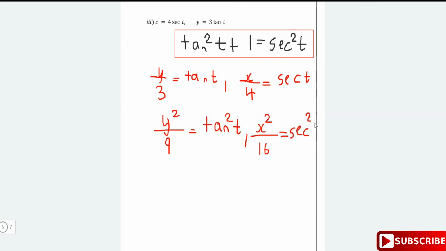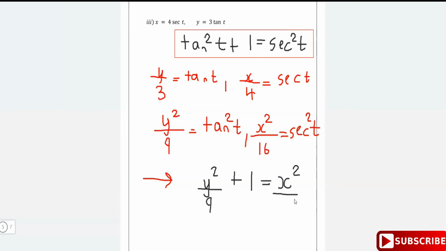So then now what do I do? Well, what I do now is plug in this formula up here. Tan square plus 1 is sec square, but tan square is y square over 9. So we get y square over 9 plus 1 is equal to sec square, but sec square is x square over 16.